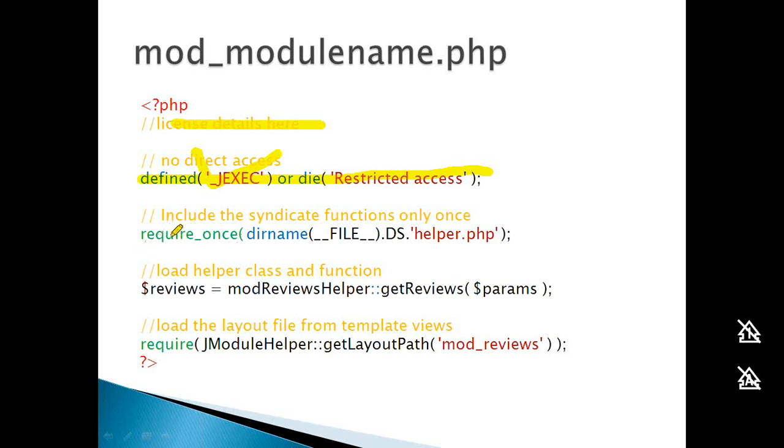Then the next line is to include the helper file in the module initialization file. Here we are simply using a convention which is saying the directory name file. It automatically routes to the directory of the module, and then the directory structure is called, and then the helper.php is called, which means instead of calling it helper.php, we can call it anything.php.